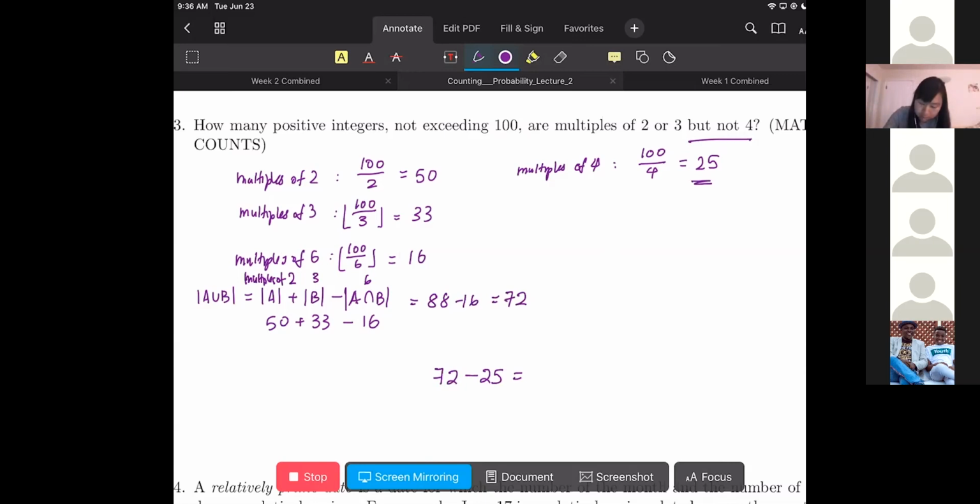Sorry, I think this number was wrong. So this is actually 83 minus 16, which gives us 67. And then here, we want to take 67 minus 25, and this gives us 42.